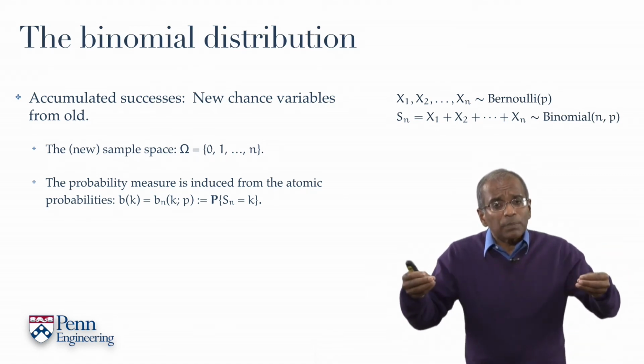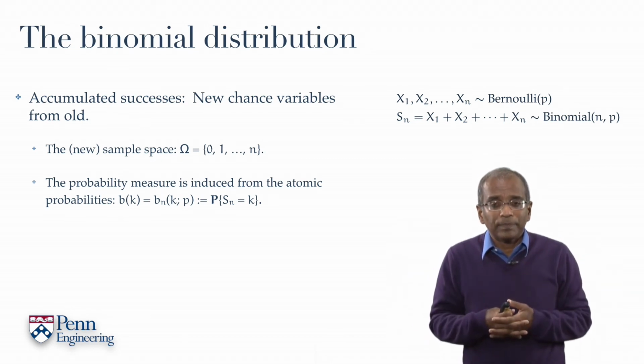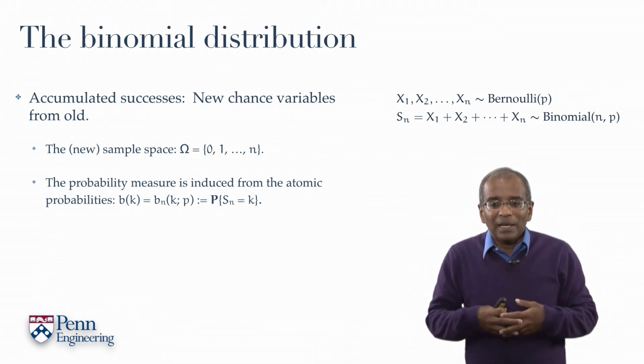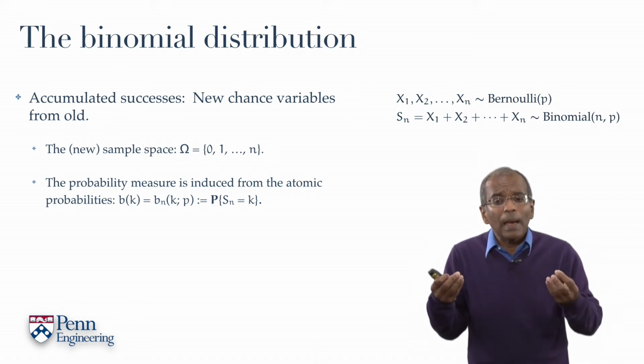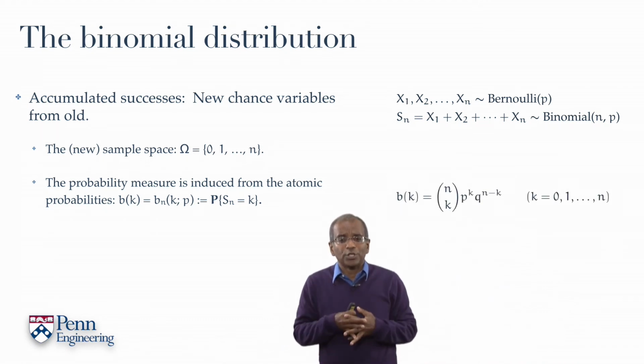The underlying sample space is strings of zeros and ones of length n. Of course, independent selection makes the description easy. S sub n is the accumulated number of successes. We will say it has the binomial distribution because of the appearance of the binomial coefficient in its formulation.